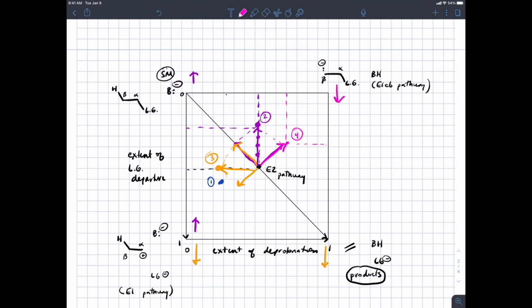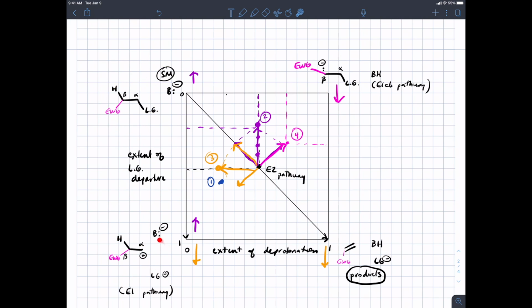Okay, so if we put an electron withdrawing group here, and I guess we could label it all over. The question is, how does that electron withdrawing group affect this potential energy landscape? And over here for starting materials, it looks like not much.